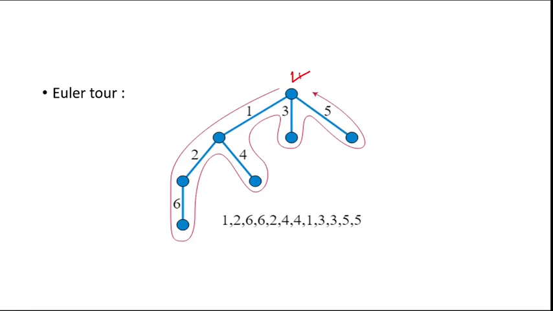Here I am starting, and in the case of Euler-Tour I am asking you to visit all the edges, which is an easy task. You visit this, then come here, then here, then go back again and visit. Going back is allowed in Euler-Tour, any number of times.